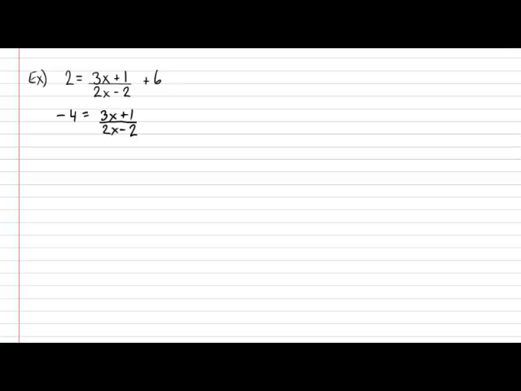In this case, cross multiplying will allow us to multiply the 2x minus 2 by the negative 4, thereby producing negative 4 multiplied by 2x minus 2 being equal to 3x plus 1.